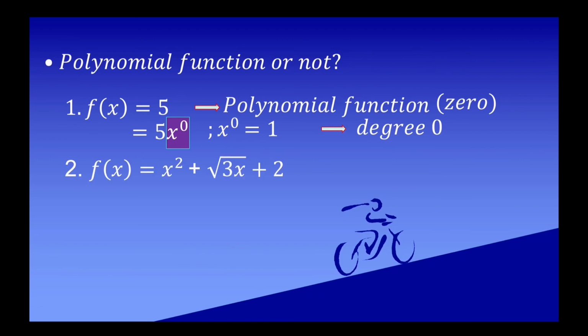For number 2, f of x is equal to x raised to 2 plus square root of 3x plus 2. Our middle term contains the square root of the variable x. So therefore, this is not a polynomial function, since the middle term contains the square root of the variable x.